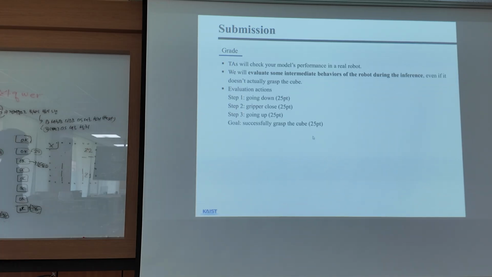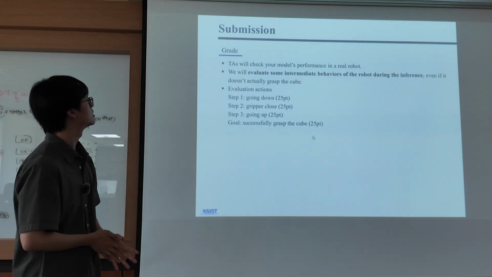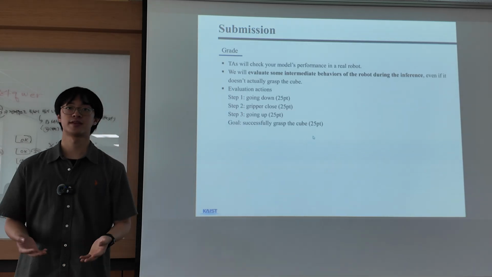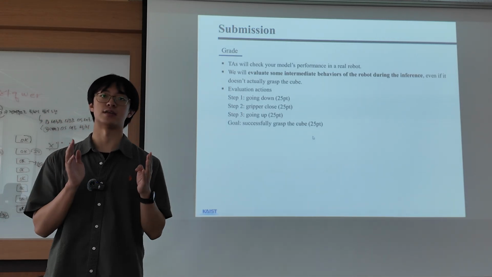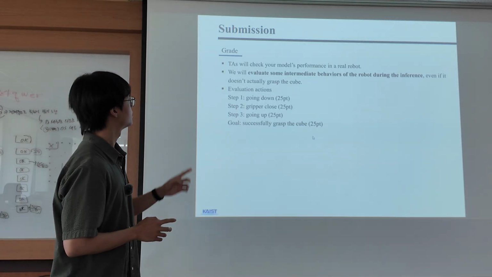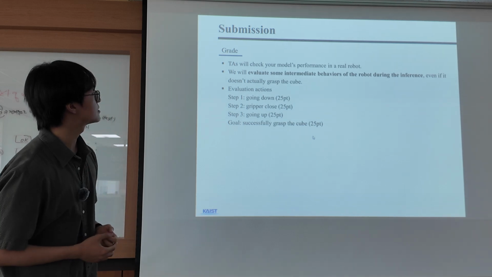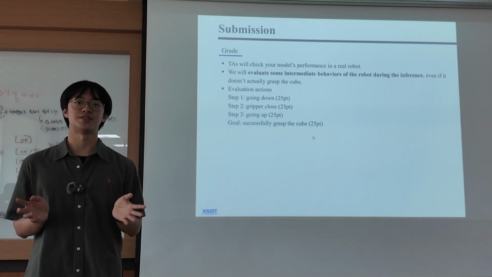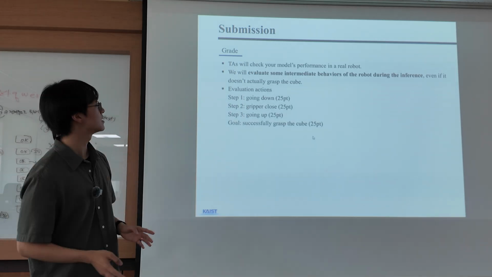So this is what we are going to do this week. We will check your model performance on a real robot after you send the model checkpoint and the file you modified. We will evaluate some intermediate behaviors of the robot during inference, not just whether it succeeds or not.